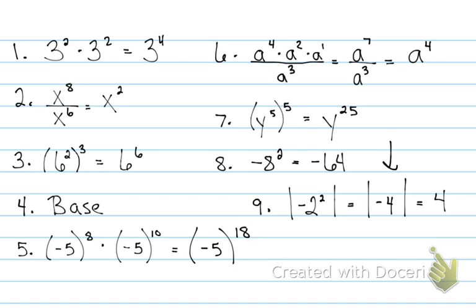Because technically, if you took the absolute value of 4, it would be 4 also, but you still didn't do it right because negative 2 squared written this way is negative 4. On your test tomorrow, I'm going to ask you to show that step. Even if you got 4, if you didn't write negative 4 inside the absolute value bars, you would lose points for that. Okay, all right, so that's number 9. All right, moving on.